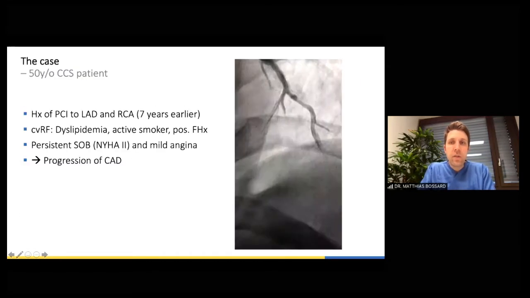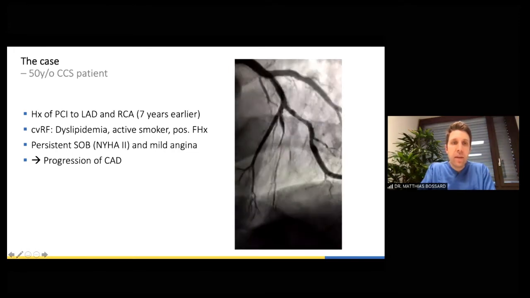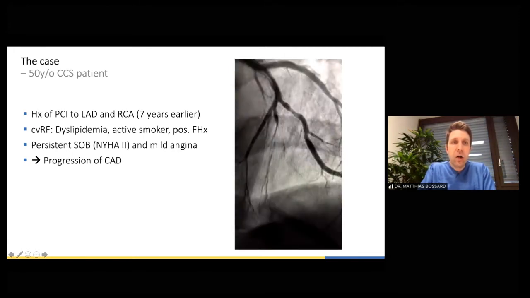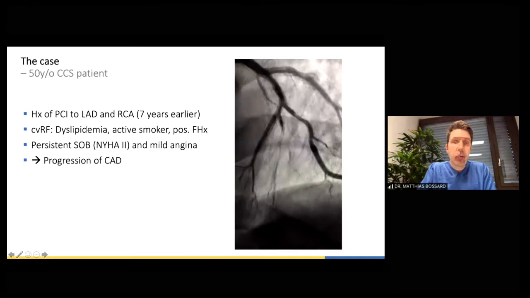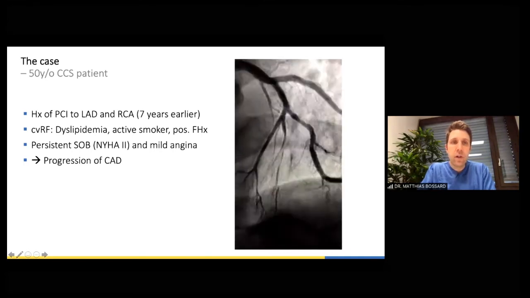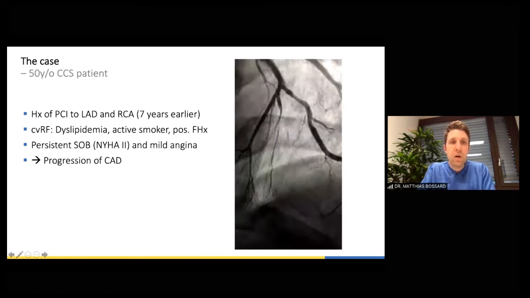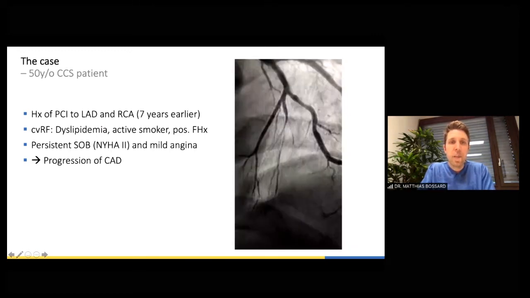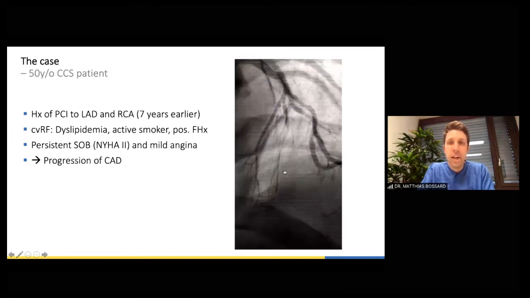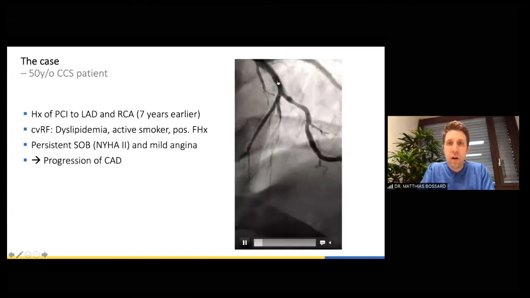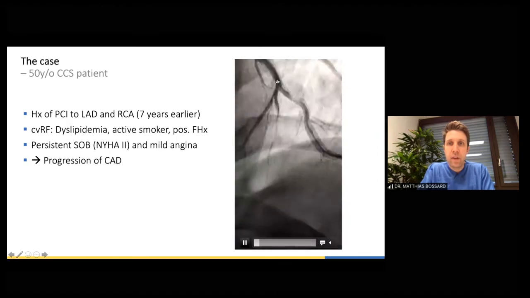I'd like to start with a brief case vignette. It's a 50-year-old gentleman with a history of chronic coronary syndrome who was actually treated by Florim. He had a history of PCI to the LAD and RCA 7 years earlier. Here on the short angiogram, you can appreciate that he had a stent in the proximal LAD, which wasn't too bad at that time.